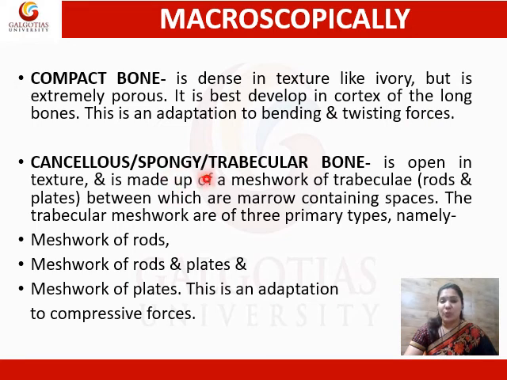Next is cancellous bone, also called spongy or trabecular bone. This bone is open in texture and made up of a meshwork of trabeculae between which are marrow-containing spaces. The trabecular meshwork is of three primary types, namely a meshwork of rods, or plates, or a meshwork of rods and plates, or only of plates.